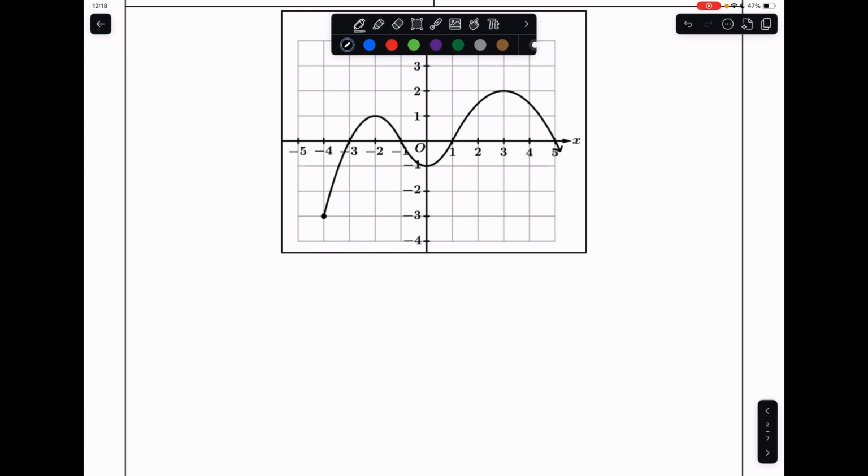And for polynomial functions, that's going to occur at every place where the graph changes direction and at the endpoints. So this point right here, this point down here, and this point right here, all of those 3 points, we'll call them A, B, and C.